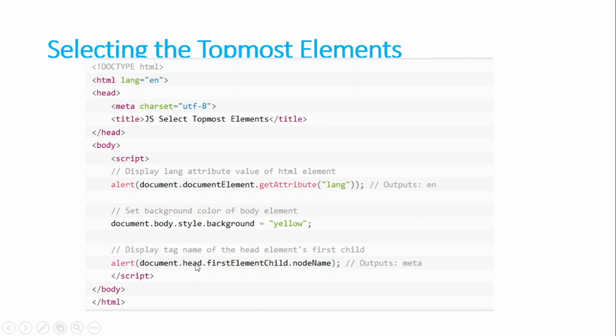So document.head, document.body, and document.documentElement. These are the three ways to access the topmost elements. We just need to use this document object, and then we can use the properties assigned to it for accessing different top level elements.